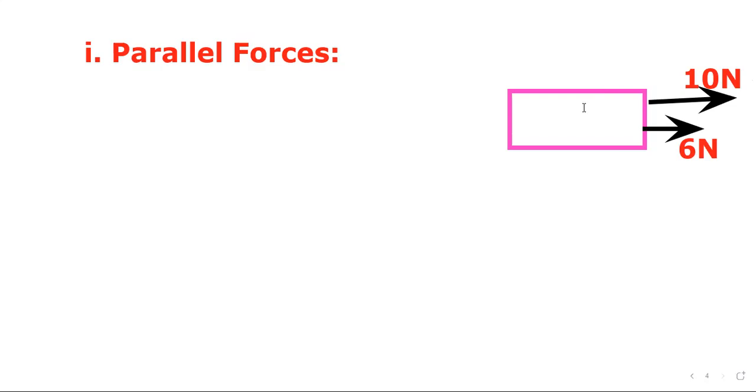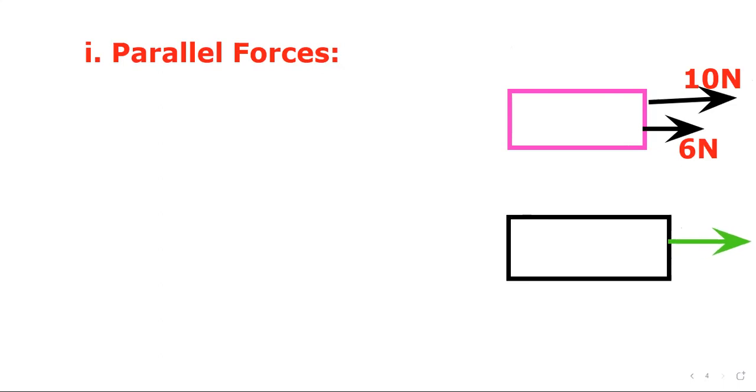This is one case. Another case may be when two forces are acting anti-parallel. I mean to say that suppose 10 Newton force is acting in this direction and 6 Newton force is acting in this direction.